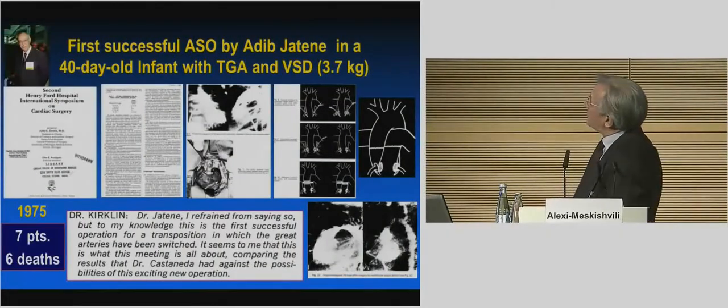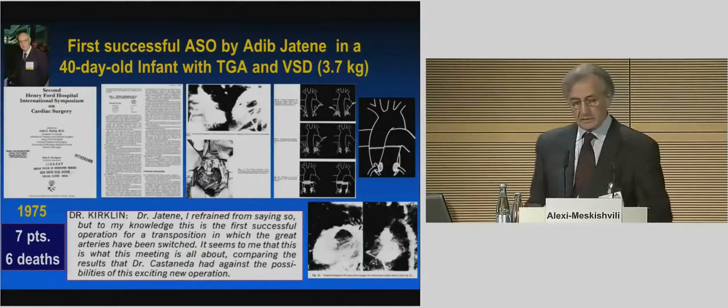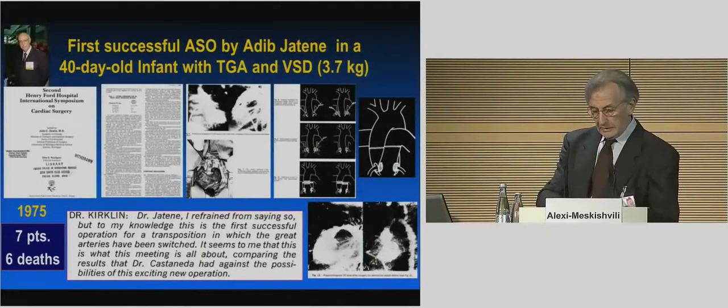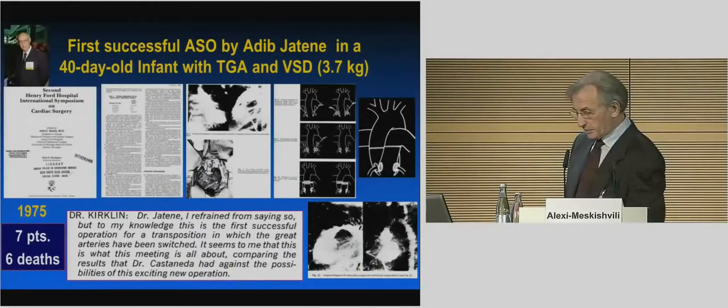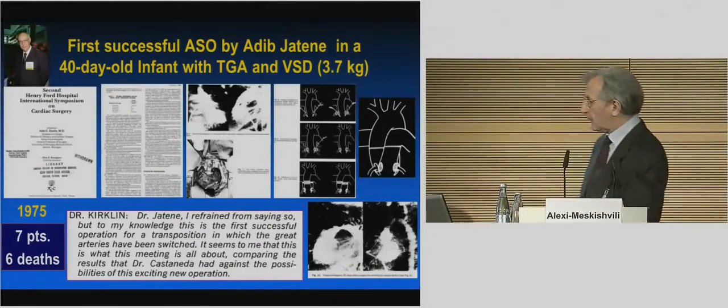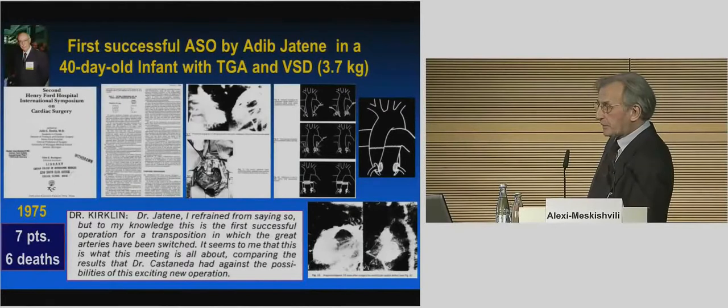And this is the first successful operation, by Adib Jatene in Brazil. Jatene explained his attempt to do arterial switch operation by saying that he had done more than 2,000 coronary operations, and he thought that it was possible to do the same in a patient with transposition.